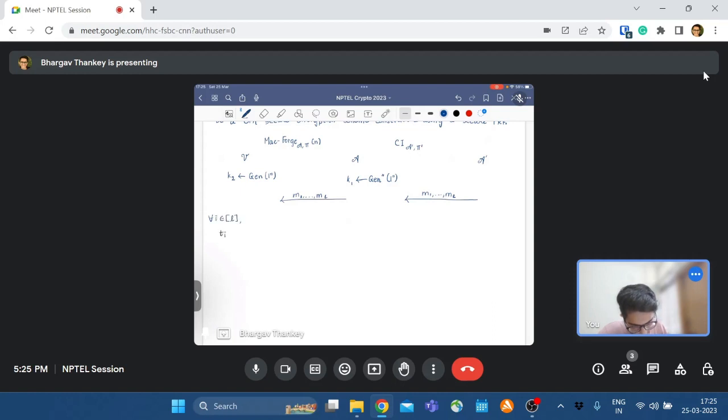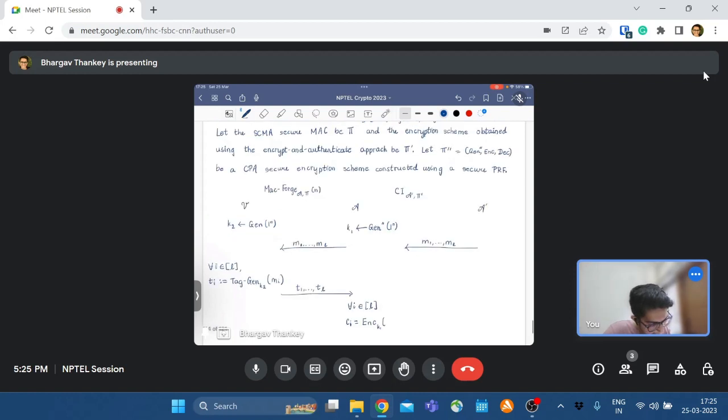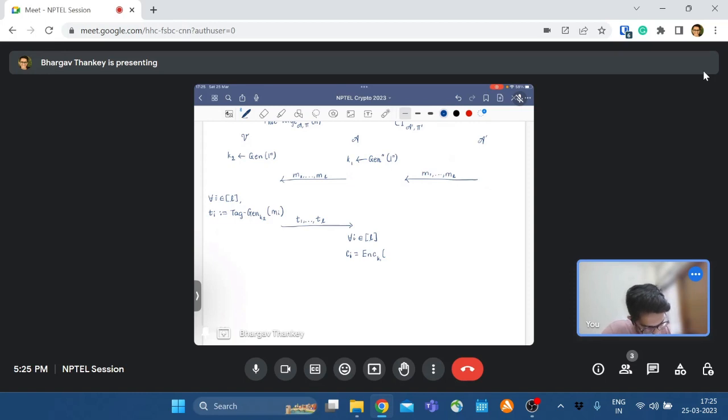The verifier would compute Ti, defined as the MAC tag of Mi, and send these tags to A. Now, what A will do is the following: it would compute the ciphertexts using the encryption, giving C1, T1.